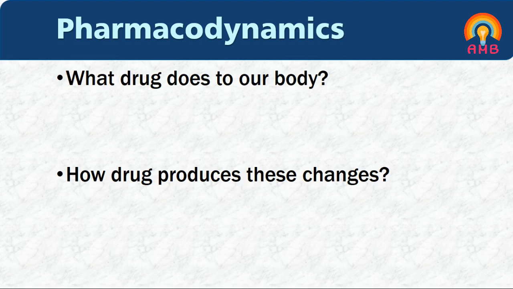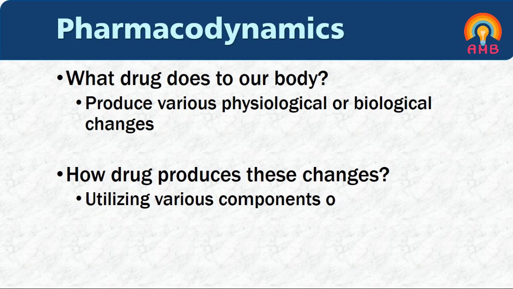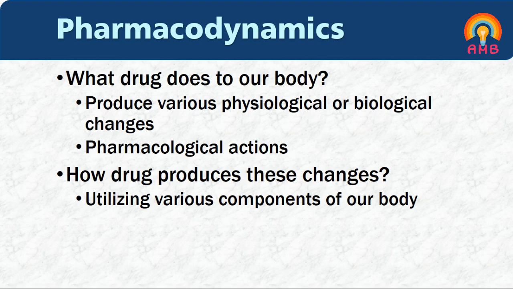When a drug is administered in our body, it produces various physiological and biochemical changes inside our body by utilizing various components of our body. The physiological and biochemical changes which are produced in our body by the drug are called the pharmacological actions of that drug.